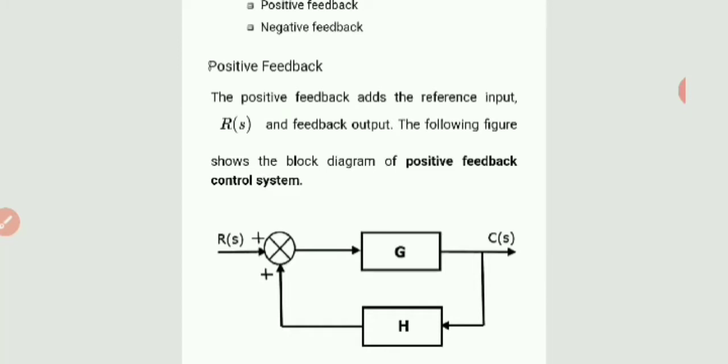Then how can we ensure whether it is positive or negative feedback? If you are subtracting your feedback from the input, this is called negative feedback. And if you are adding your feedback to the input, it is positive feedback. So here we add the feedback path to the input, and we can say this is a positive feedback signal.